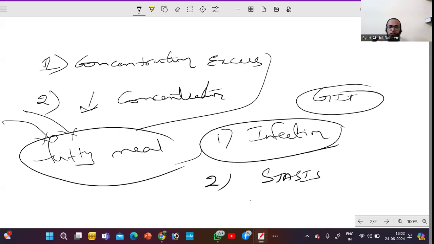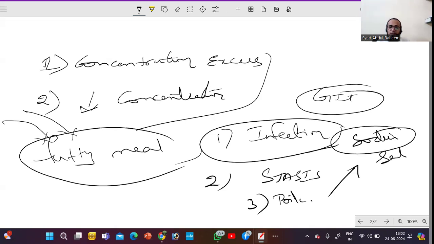Next, we have the third thing, high bile cholesterol. Whatever is there in the bile juice, what are those substances? We have sodium, salt and water and other substances, other metallic substances.